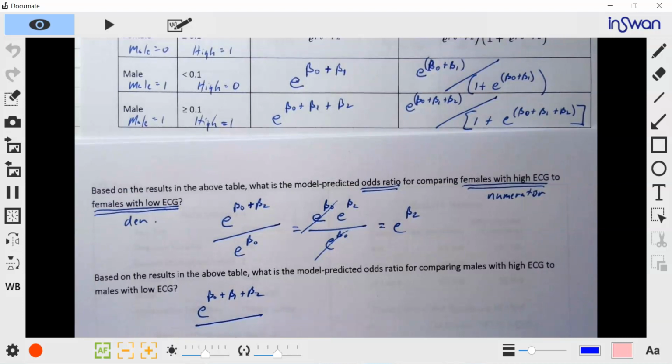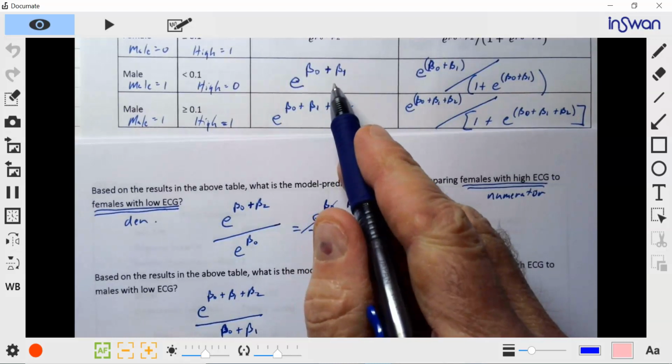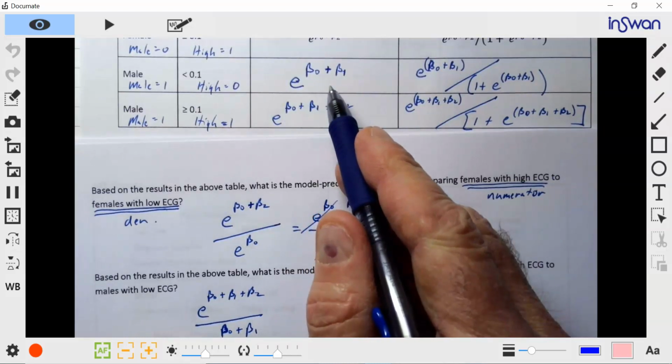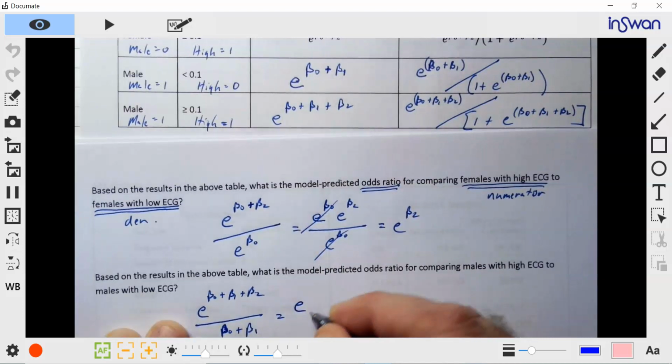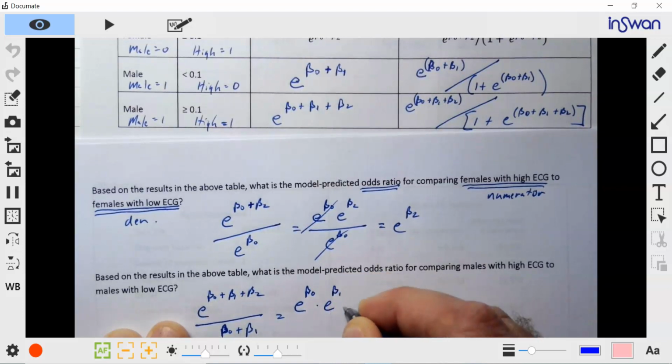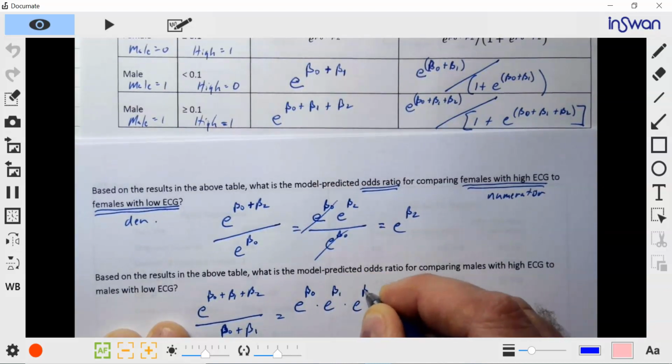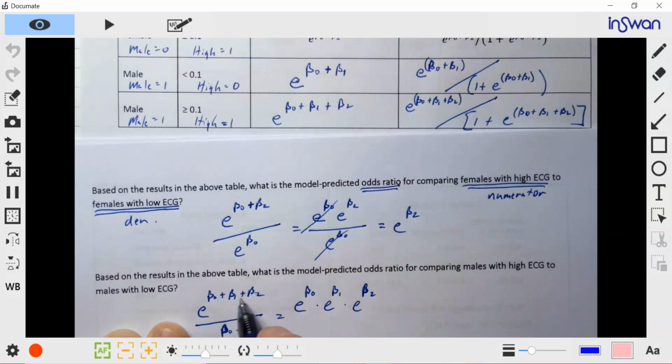Males with low ECG, the odds of getting CAD is e to the beta 0 plus beta 1. And again, I'll write this one out. e to the beta 0 times e to the beta 1 times e to the beta 2. I'm just expanding this exponent.